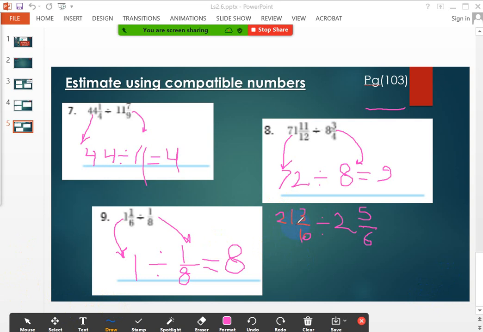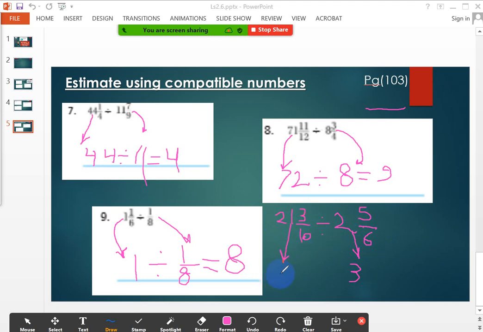Let's see what the compatible numbers are for those two numbers. First, Rijan, I want you to round 21 to the nearest whole. 20. I have another suggestion. Look, 2 and 5/6, can I round it to the nearest whole? Yes, it's 3. Very good. So I have to round 21 and 3/10 to a number that I can divide by 3.